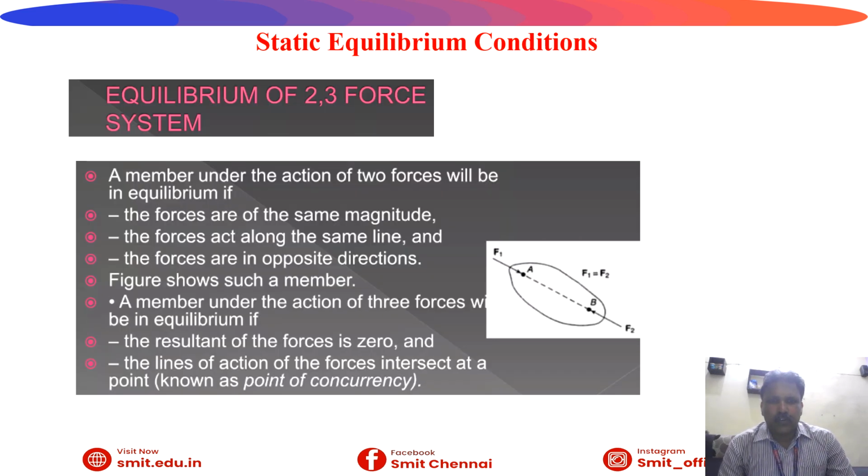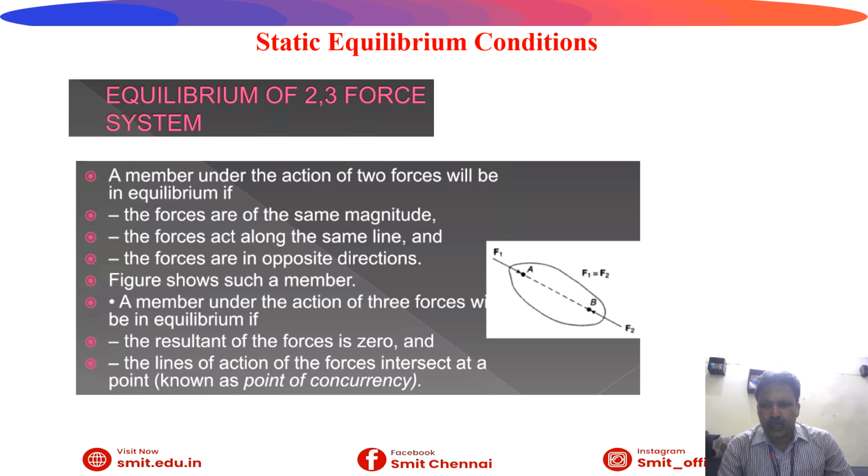Now the equilibrium of two, three, four force members, we are going to see one by one. A member under the action of two forces will be in equilibrium if the forces are of the same magnitude, the forces act along the same line, and the forces are in opposite directions. So we can see here the principle of transmissibility, clearly mentioned.